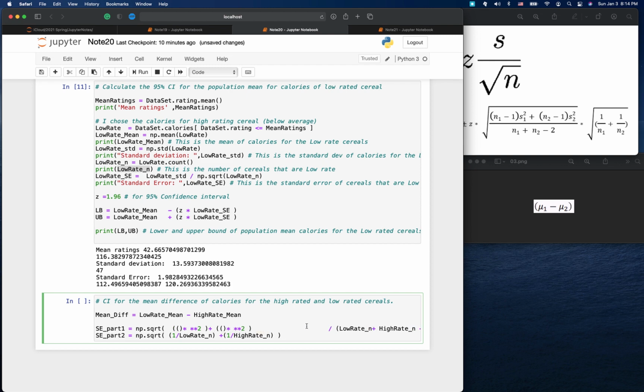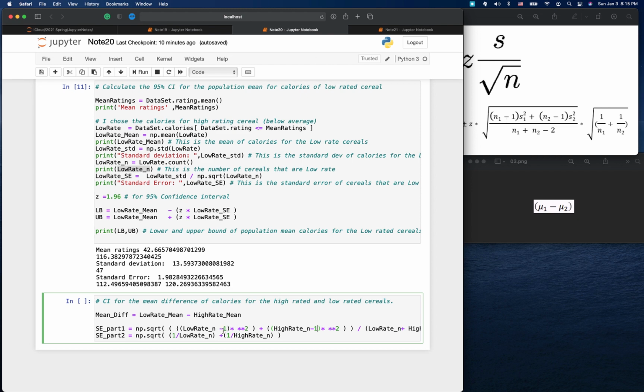Okay, so this will be the numerator, and I'm going to put the numerator in a whole parenthesis. I hope this was clear. I have a whole parenthesis for the numerator, with one part, this one, and another part, this one. In the first part, I have the sample size minus 1, and for the second part, sample size minus 1. So n1 minus 1, n2 minus 1.